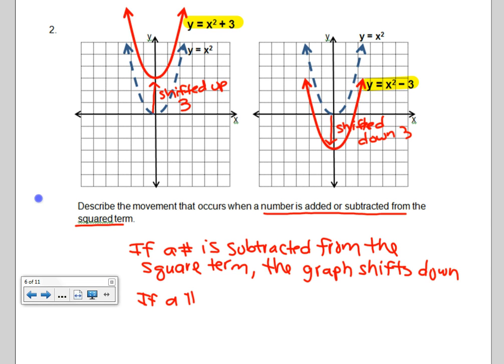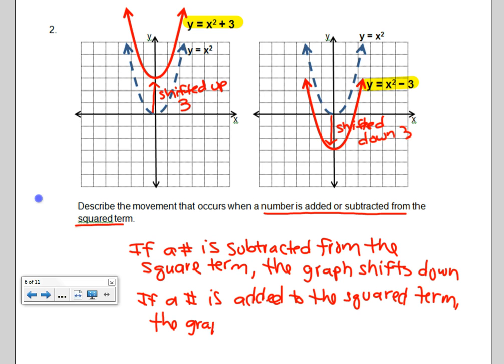If a number is added to the square term, the graph shifts up that many units. Okay, pause if you need to, or moving on.